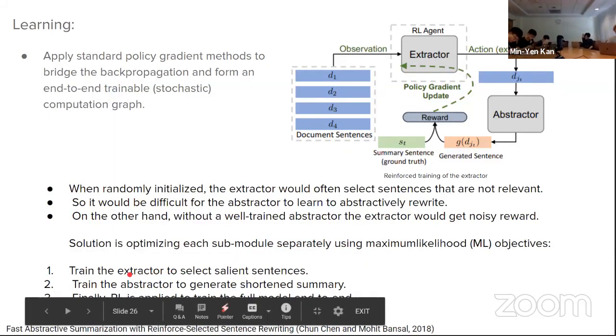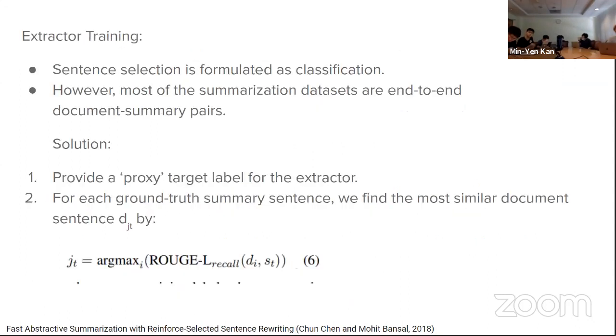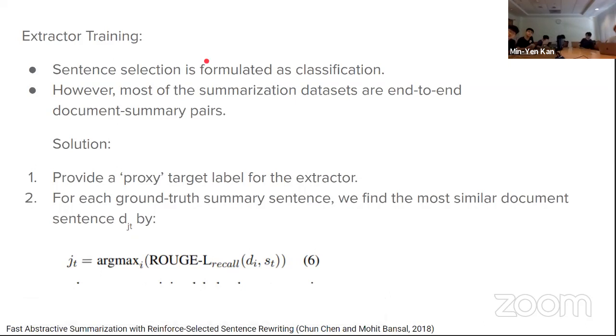So what you do is you first train the extractor to select salient sentences, then train the abstractor to generate shortened summaries, and finally use RL to train the full model. How the extractor training works is you just do sentence selection, formalized as classification. But the thing is, most of the summarization datasets are end-to-end, so it's document-summary pairs.